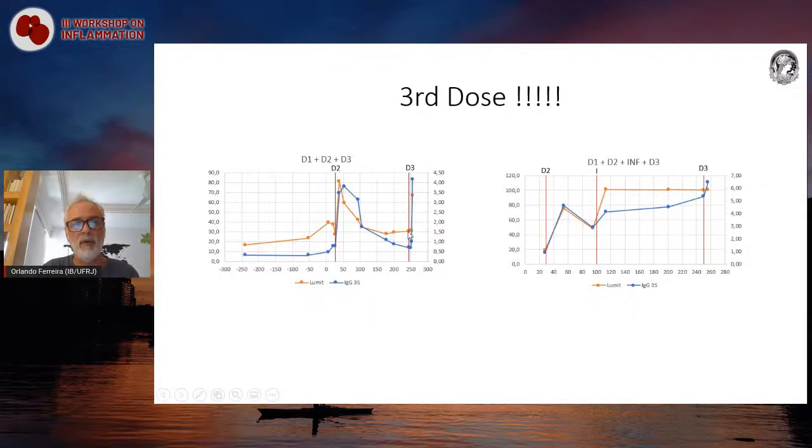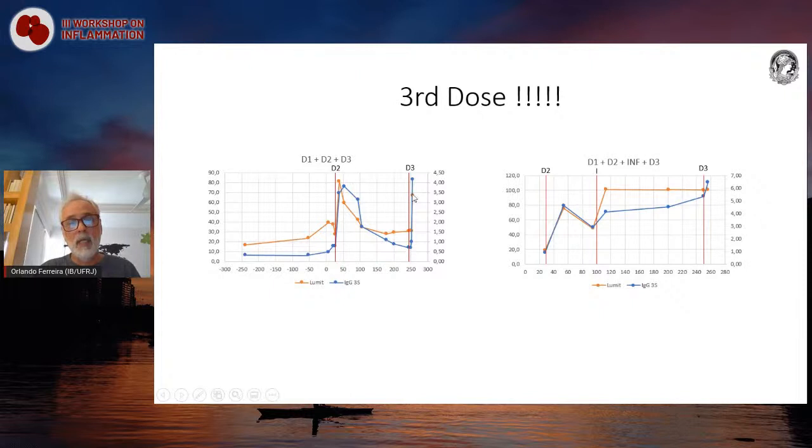This low level was maintained until the immunization with the third dose. I also mentioned that the IgG antibody has fallen so low that the assay was negative. So technically, this individual could be considered an ex-vaccinee. He no longer had antibody against COVID-19.